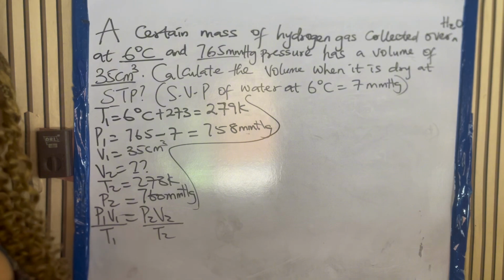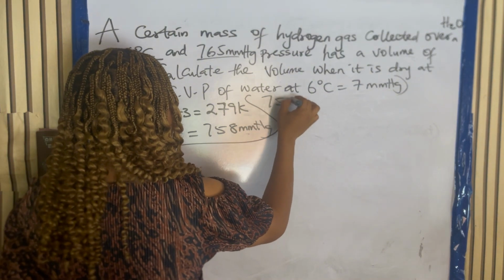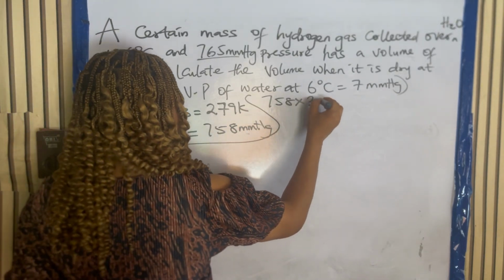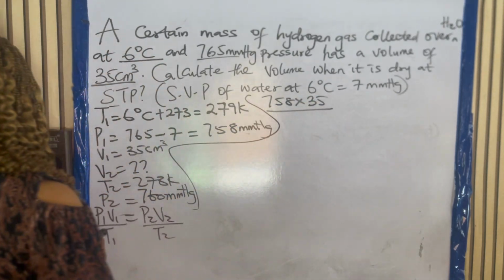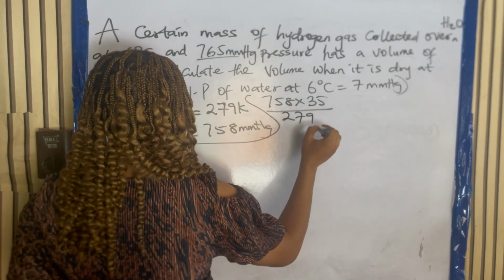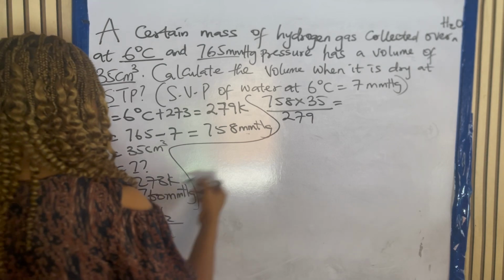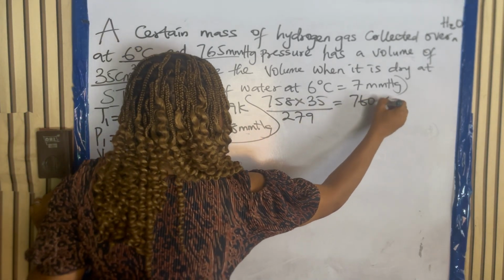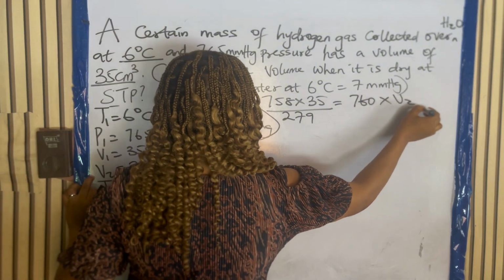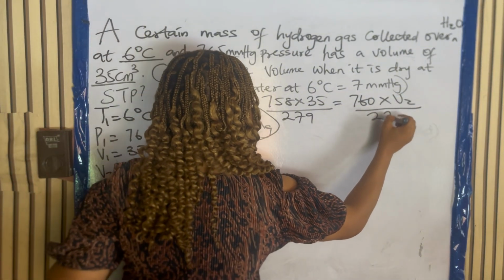So solving, P1 is 758 times V1 is 35, all over T1 is 279, is equal to P2 is 760 times V2, we're looking for V2, all over T2 is 273.